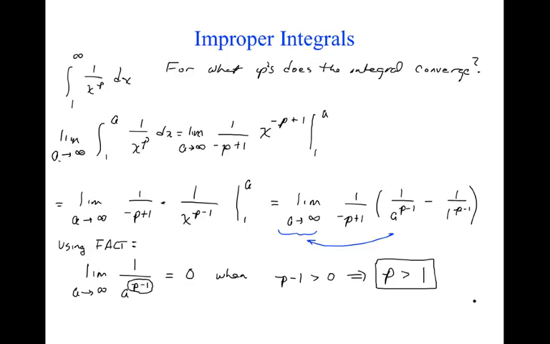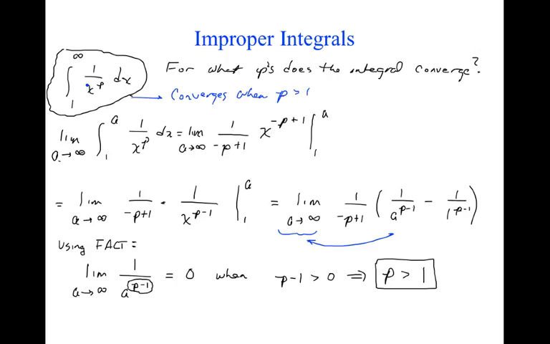So going back to this, looking back at this, for what values of p does this converge? Converges when p is greater than 1.